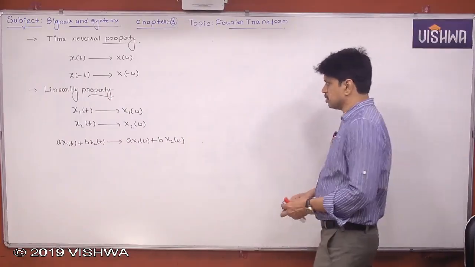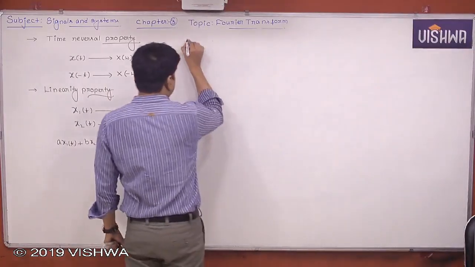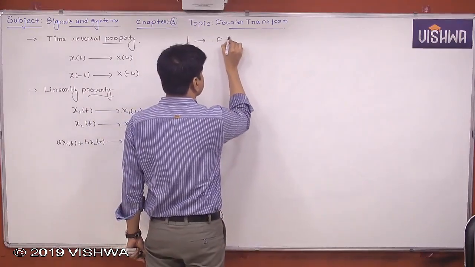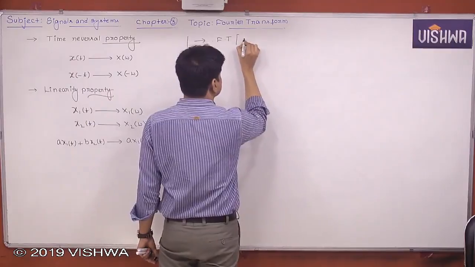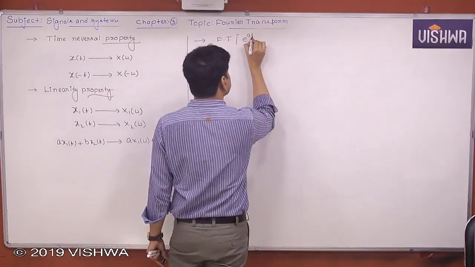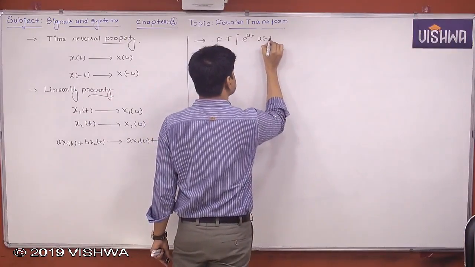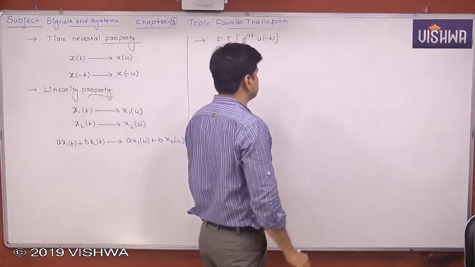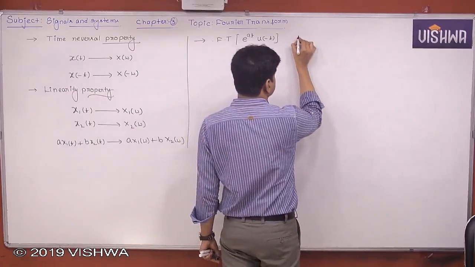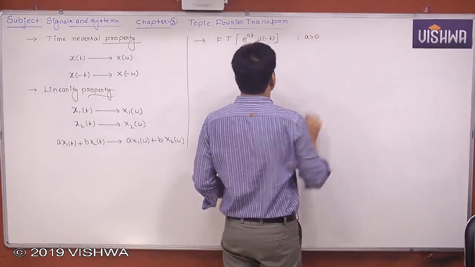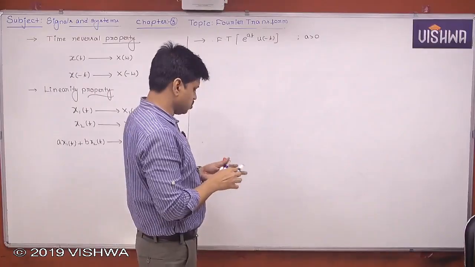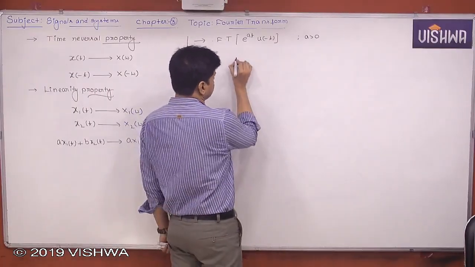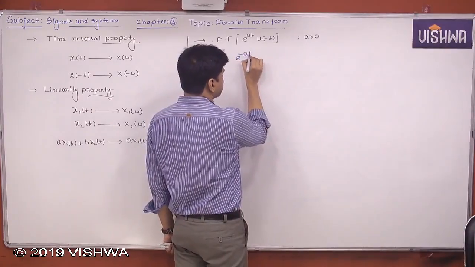Okay, listen here. What if I ask, what is the Fourier transform of, let's say, e power at u of minus t? Here a is greater than 0. Let's check what it is going to be. First start from what we know. What we know? e power minus at u of t.